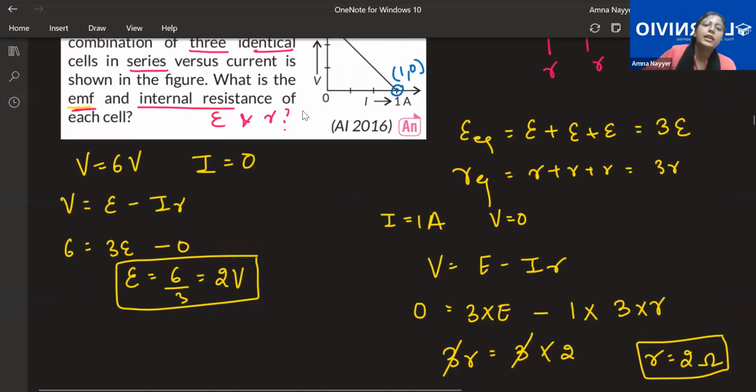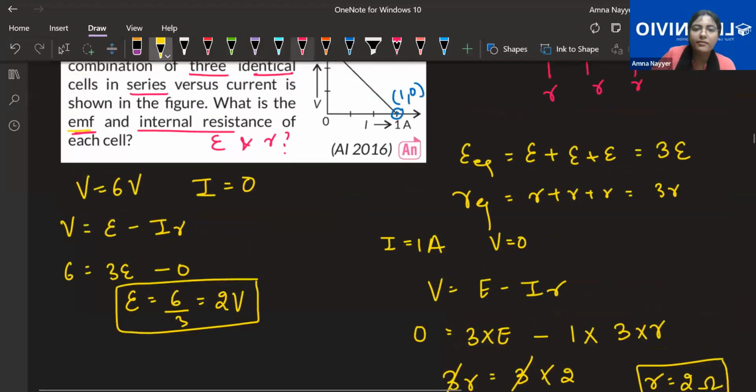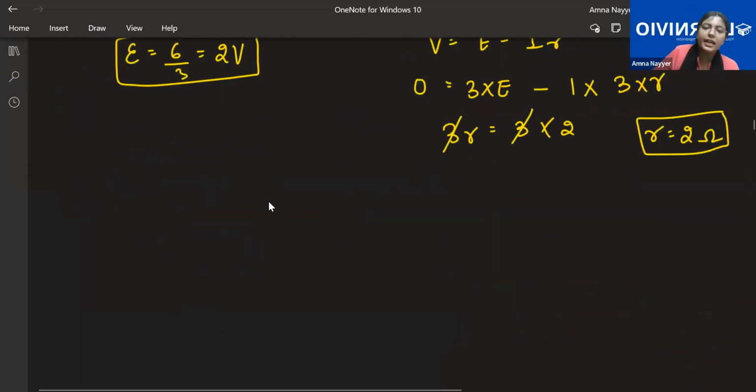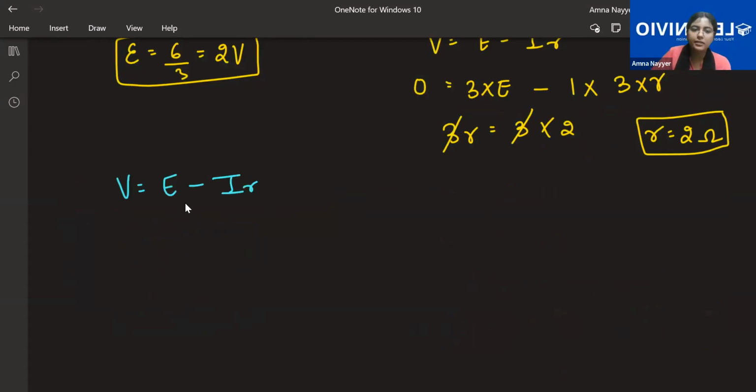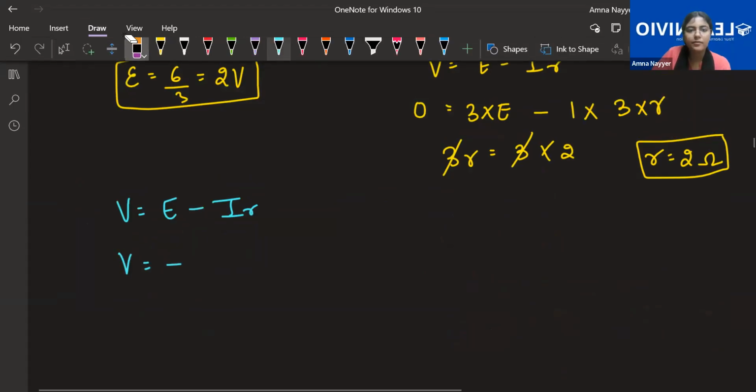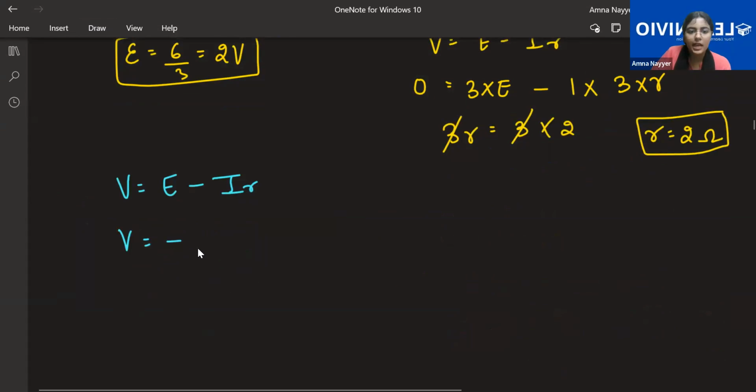Clear? Okay. One thing I'll tell you: when you have these graphs, how can you interpret this graph? If I write V is equal to E minus IR, let me reverse it. V is equal to minus R into I plus E. It's the same thing, E minus IR.